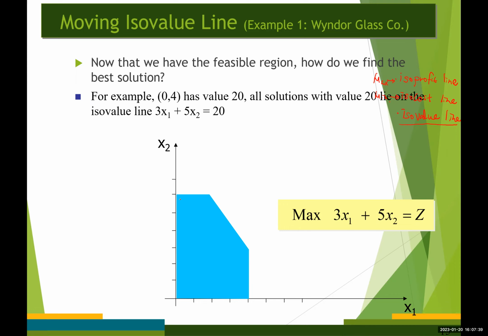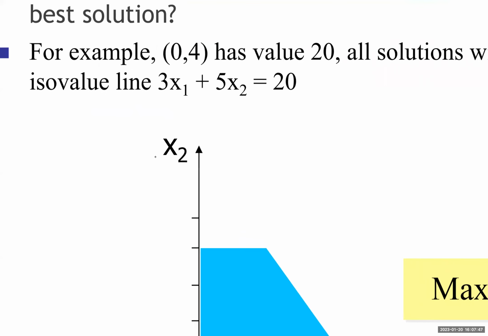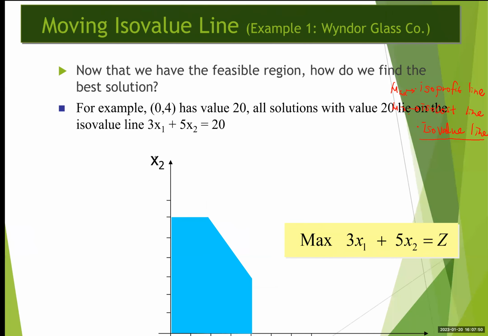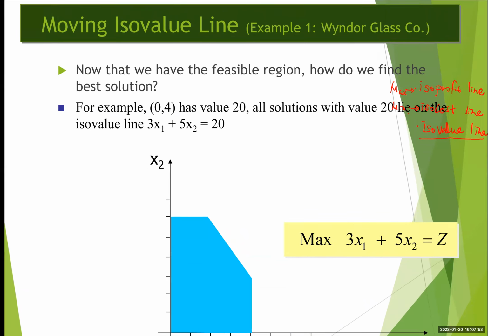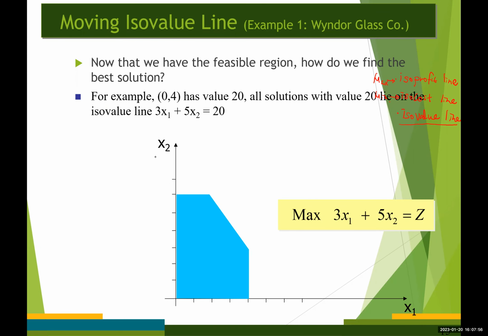For the point (0, 4), if you plug 0 and 4 into the objective function, then 3 times 0 plus 5 times 4 becomes 20.